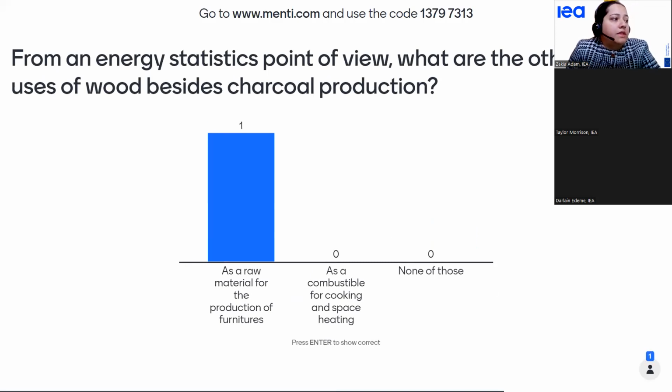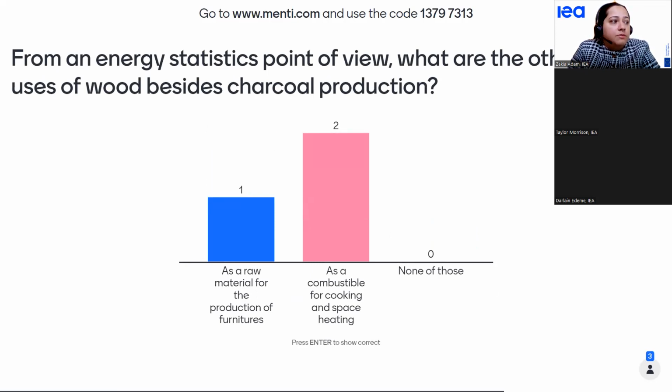Is it as a raw material for the production of furniture, or as a combustible for cooking and space heating, or none of these? So think from a statistics point of view, that's the most important. What are the other usages of wood that you would report in the energy statistics apart from charcoal production?